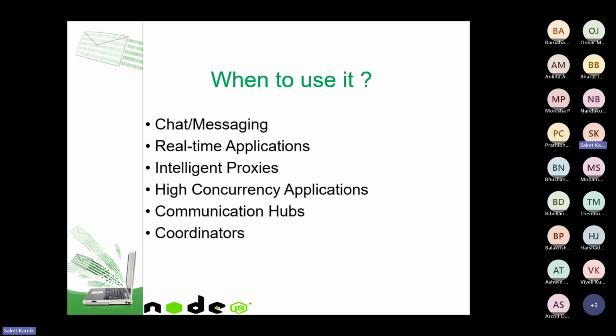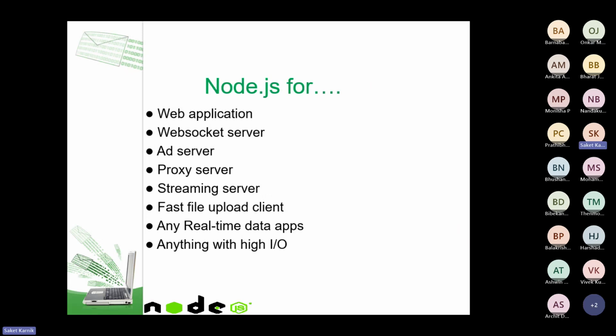If we are looking to build some communication hubs, usually required with IoT most of the time, where millions of devices keep on generating messages for the server. And then the coordinator applications, which provide some disconnected access to two applications with each other as an intermediator. Okay. So some of the use cases are already mentioned in terms of type of applications.